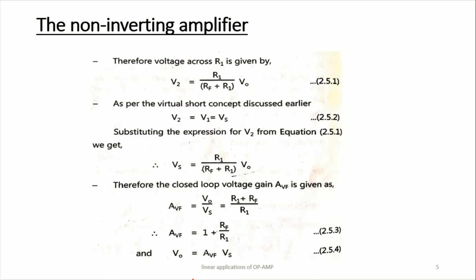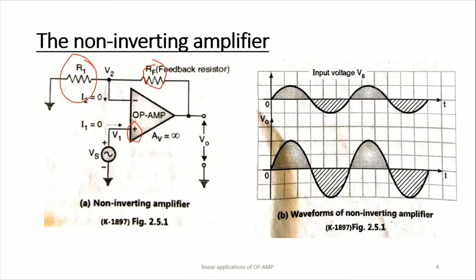As we use an ideal op-amp, the input impedance Ri is infinity. Ri should be infinity for the ideal op-amp. Therefore, the current entering both input terminals of the op-amp will have a zero value.